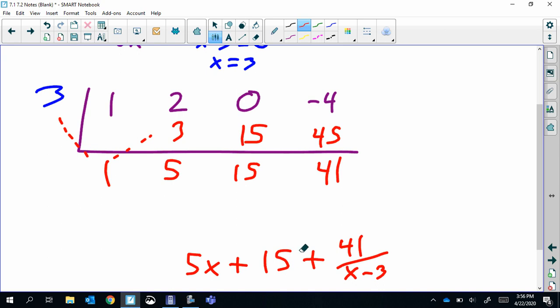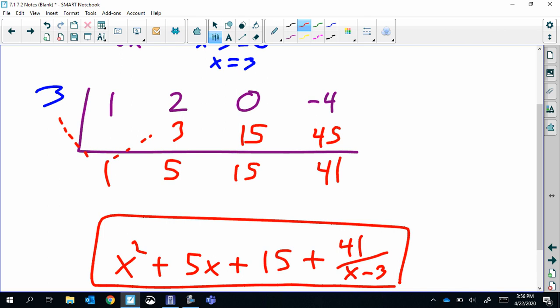So it's our fraction part, our constant, our linear, our x term, and then this would be our squared or our quadratic term. 1 is the coefficient. And if you compare those two answers, they are exactly the same because long division and synthetic does the same thing.